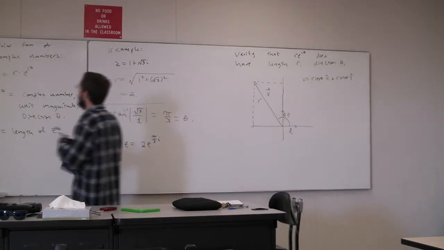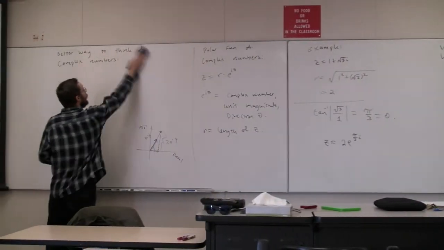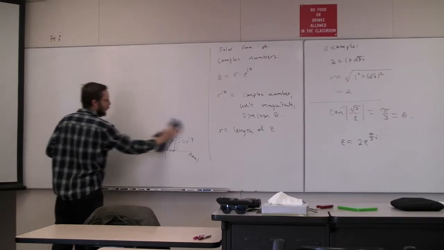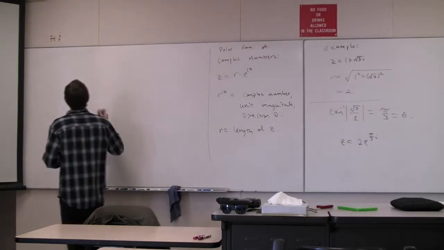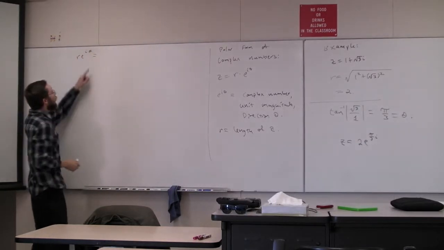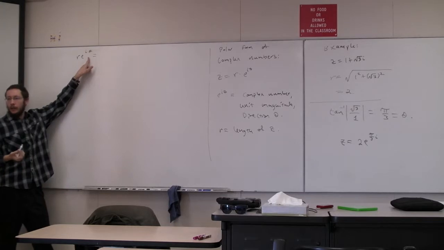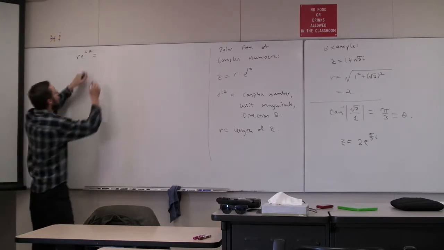Let's take a look at r e to the i theta. We demonstrated last week that e to the i theta is really cos theta plus i sin theta.